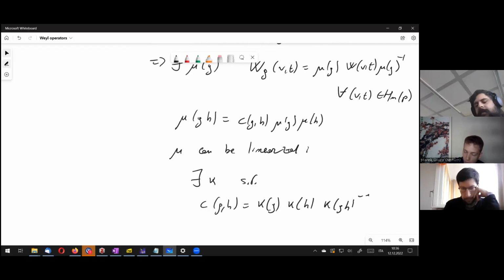And just to make things clear, this k is a function from the symplectic group to the complex numbers.